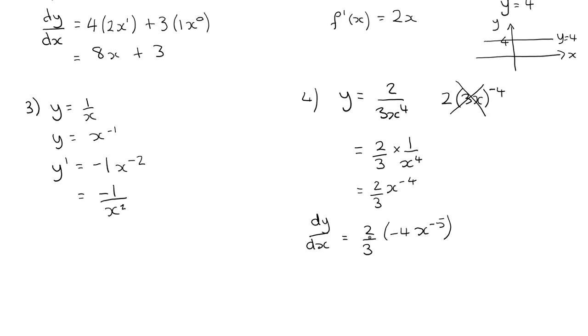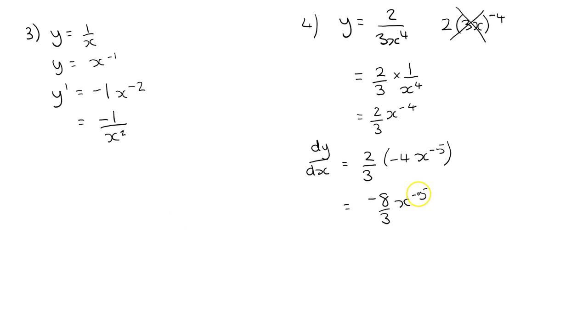And I can multiply out the 2 and the minus 4 to give us minus 8 over 3 x to the minus 5. And the final thing is to remove the negative indice and put the x back down as the denominator. So we've got minus 8 over 3x to the power 5. And that is the derivative of our function up here.